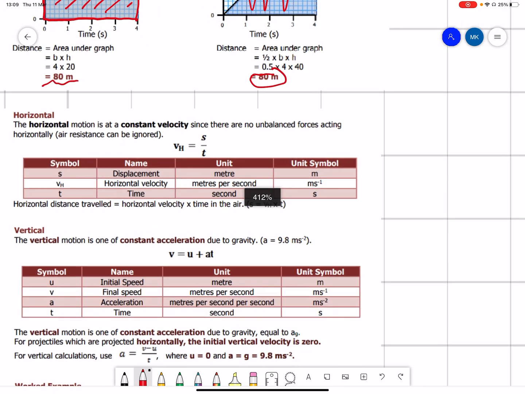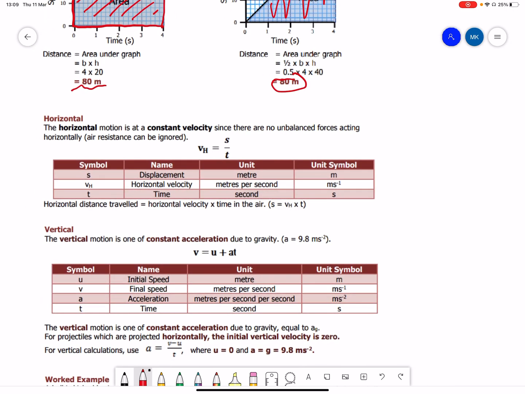Right, horizontal. Let's just split this up into two now. Horizontal velocity, we give it a little subscript. Horizontal velocity is the displacement divided by time, and that's also horizontal. I'm going to highlight that.